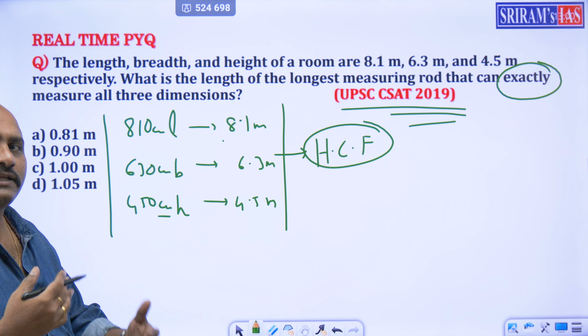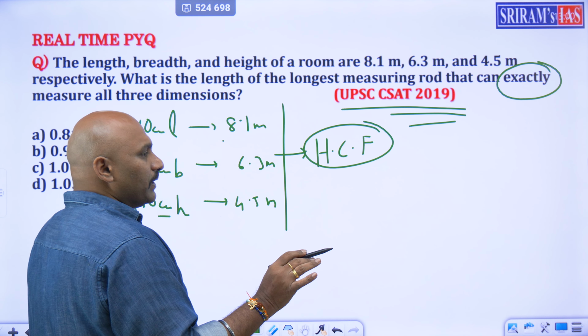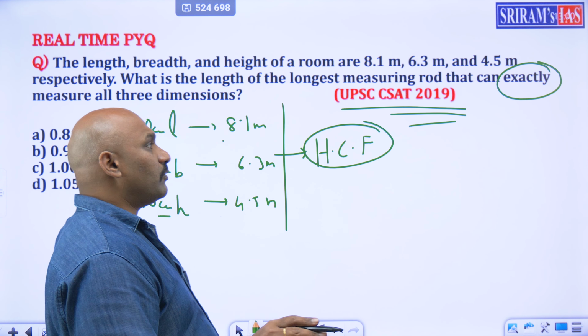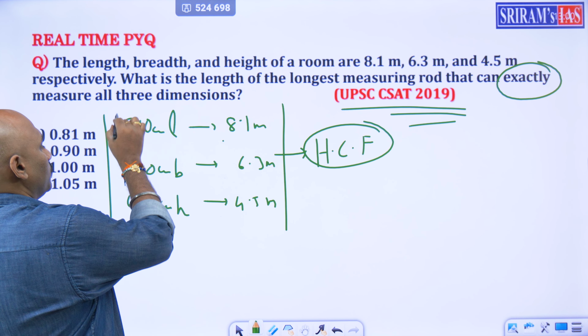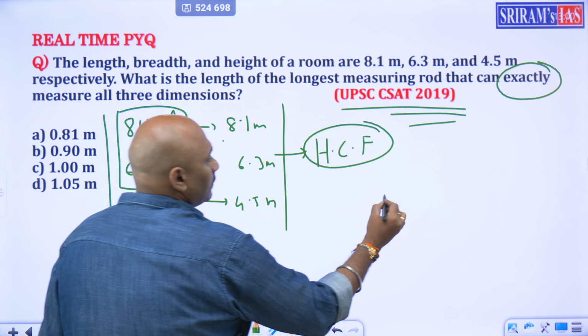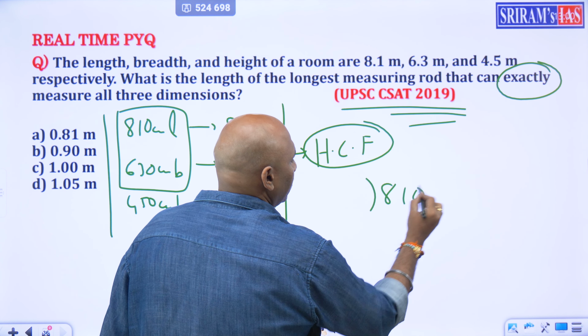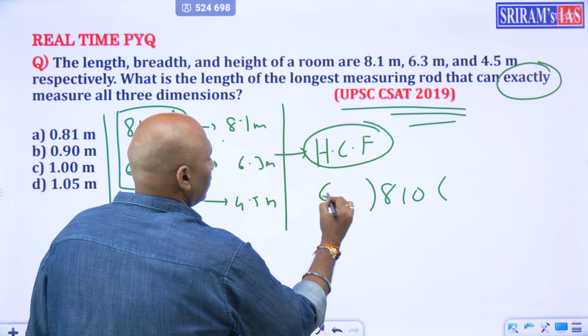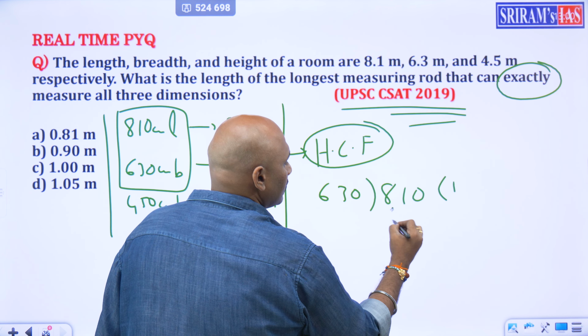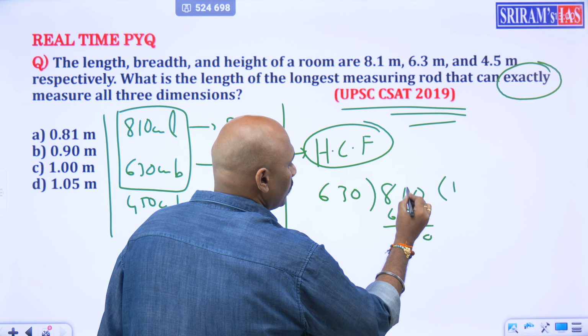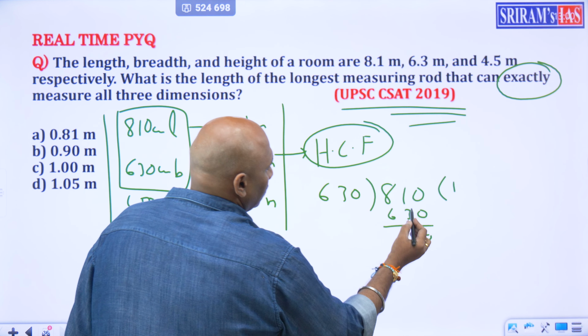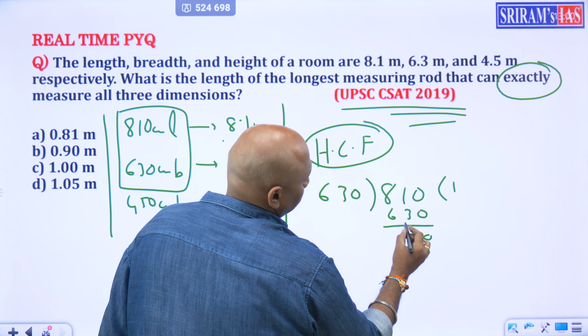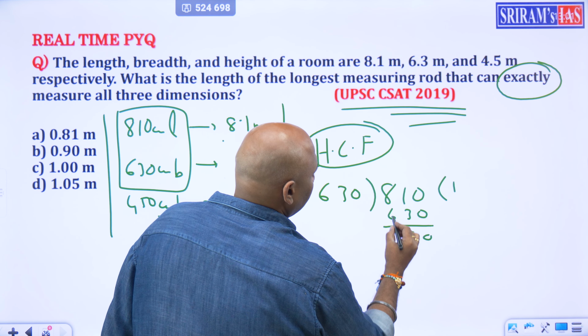How do you calculate the HCF? That is very important. You want the highest common factor, so you take the first two. 810 divided by 630: 630 ones are 630, and the remainder is 180.